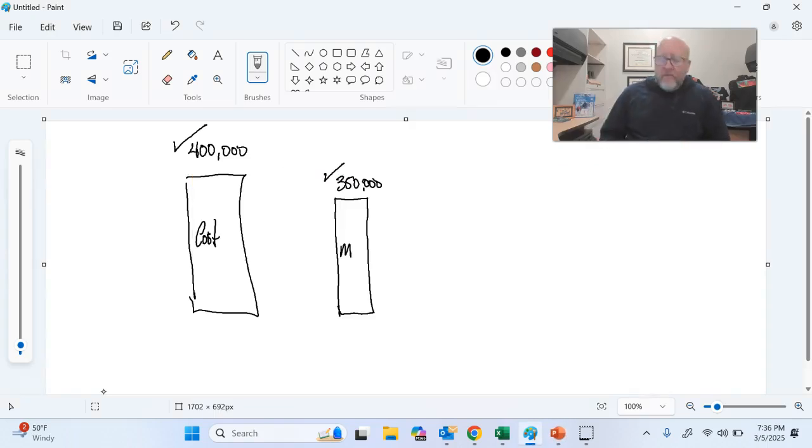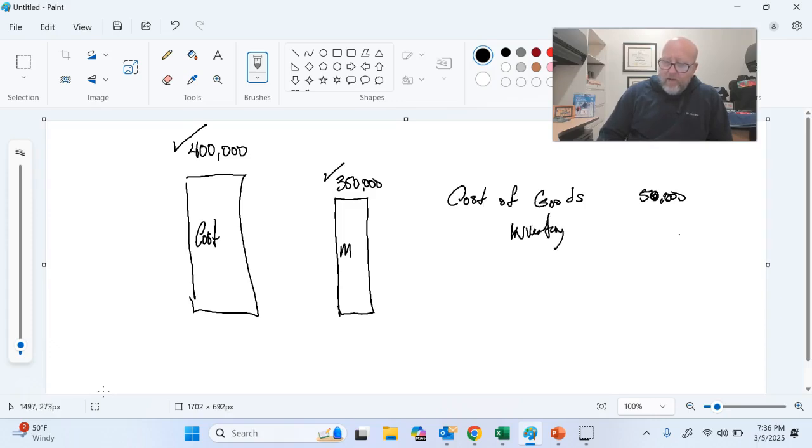In my example, we would debit cost of goods sold 50,000 and credit inventory 50,000, right? That's the difference between the two. And if I make this adjusting entry, I would lower the cost of my inventory to 350. That is the lower of cost or market.